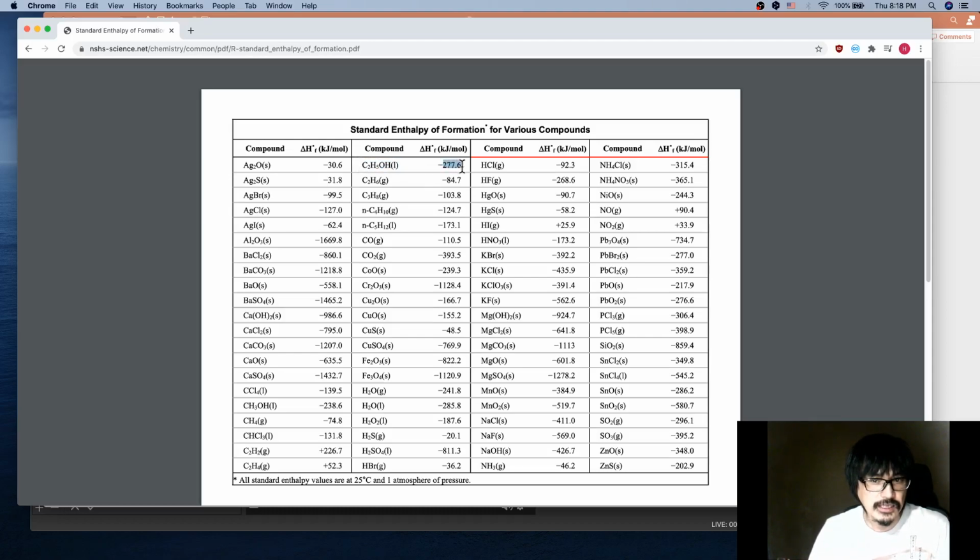That energy turns out to be negative 277.6 kilojoules, which means that by forming ethanol, it releases heat outward. By the way, that's the standard enthalpy of formation. Each molecule like this has an associated standard enthalpy of formation.